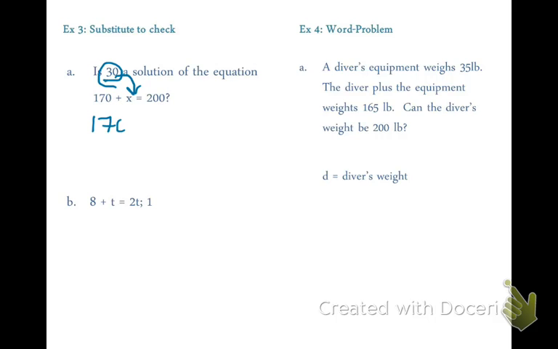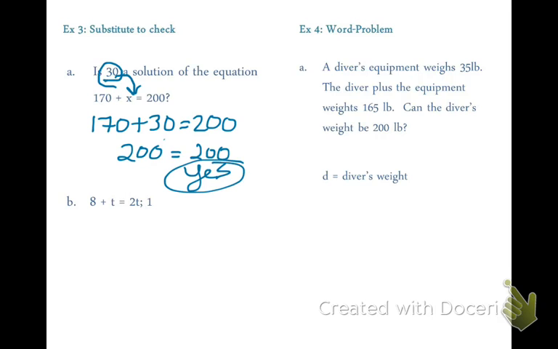So it's 170 plus 30 equals 200. So then you do 170 plus 30, which is 200. 200 equals 200. And yes, it is a solution. If they don't equal, then it's not a solution.